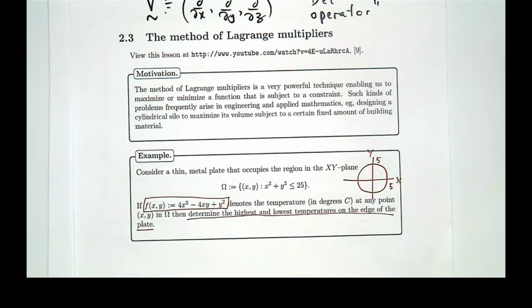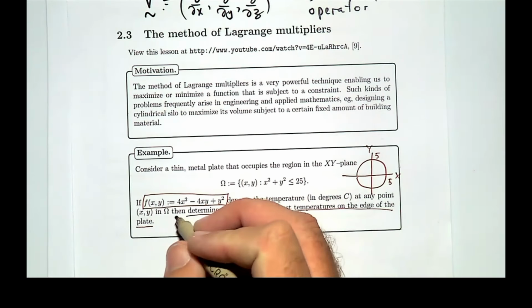So here's a little sketch of the domain that we're interested in. x squared plus y squared equals 5 squared, because we're on the edge, right? And so we've got two pieces of information in this problem. So this is our f.